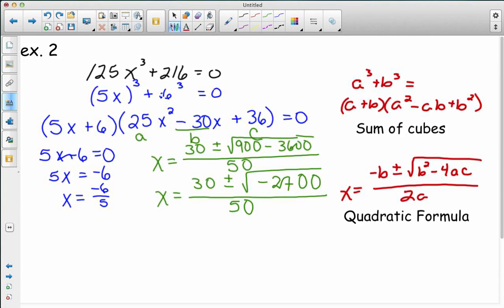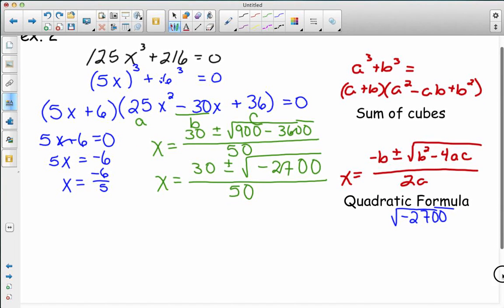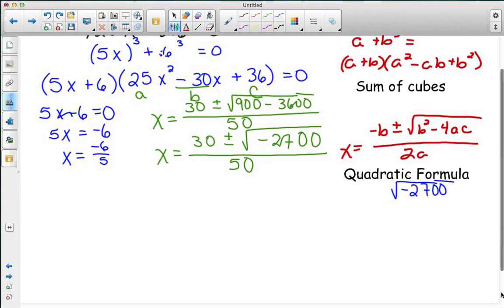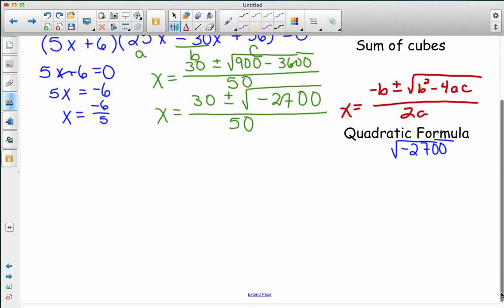So I'm going to look at this as the square root of negative 2,700. Here are some things that I know about it. I know that when I factor this, to simplify this negative square root, I know I'm going to have an i in here. So I'm going to go ahead and look at the negative 2,700, and I'm going to factor it into 3 factors.